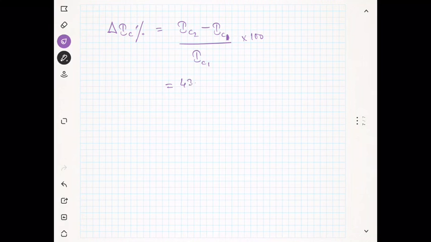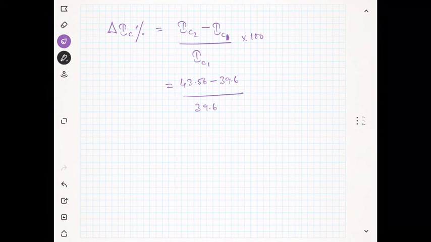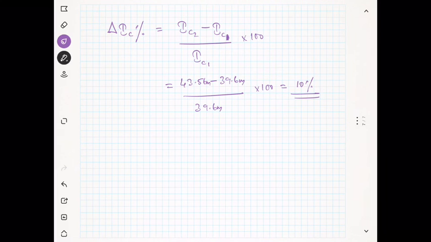So 43.56 minus 39.6, divided by 39.6, and all are in milliampere, so there is no issue, times 100. This comes to 10, that means 10%. You can see there is a 10% change in IC.